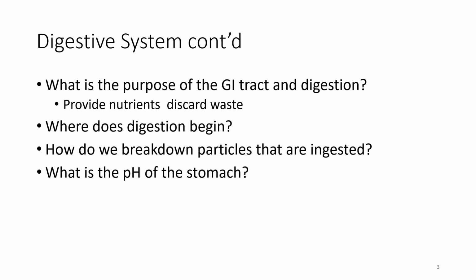Okay. So now we know the purpose, and we've talked about where it begins. Let's talk a little bit more about the breakdown. So once we've chewed, whatever it is we so choose, and we've swallowed it, it's going to move through the stomach from the esophagus, and it starts to mix with the stomach acid, which continues breaking down those particles.